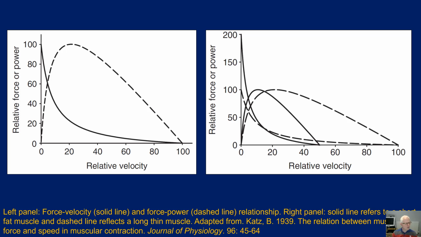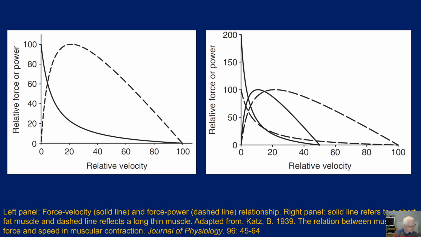Now what you can also see on that graph is the interaction between force, velocity and power. Power is the dashed line, and the power is not occurring at the highest velocity. Power is a function of the amount of force being produced and the rate at which that force is being produced.